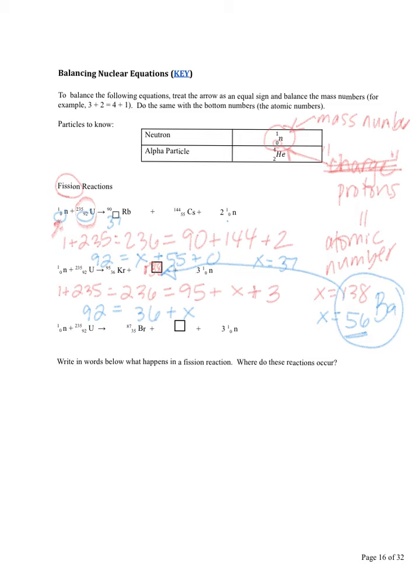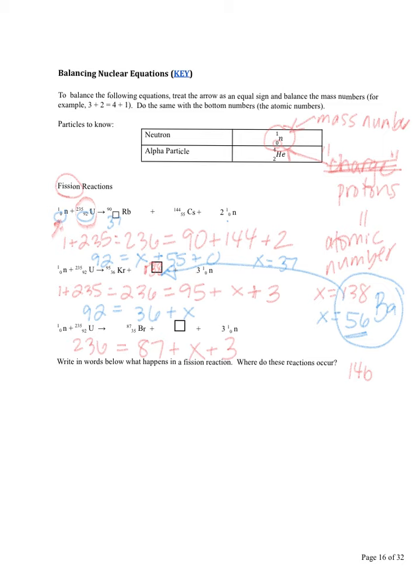Okay, so 1 plus 235 is 236 equals 87 plus x plus 3. So I'm going to have 236 minus 90, and I'm going to end with 146 as my top number. On the bottom, I'm going to have 92. Oops, what did I just do? Sorry about that.